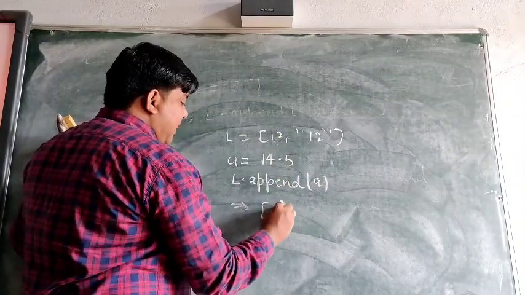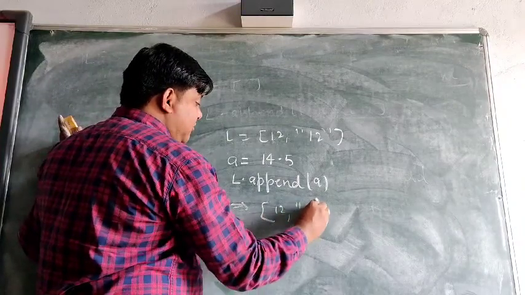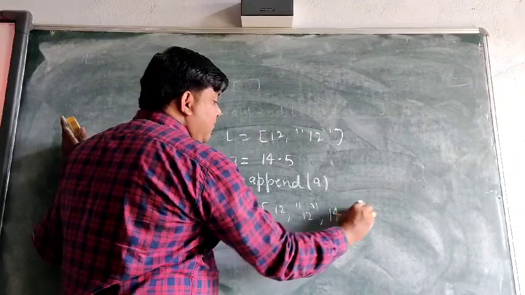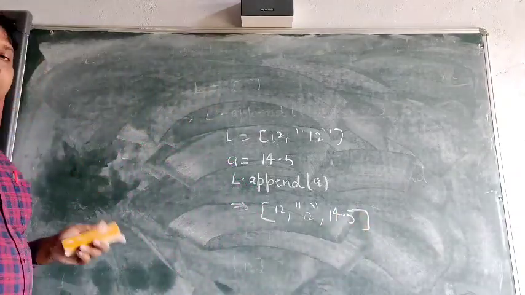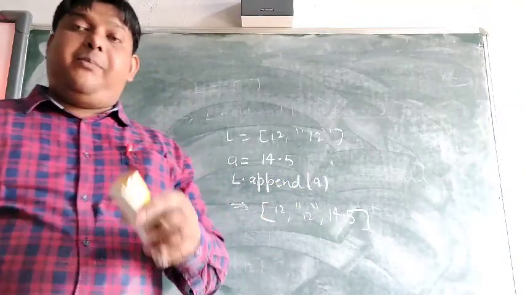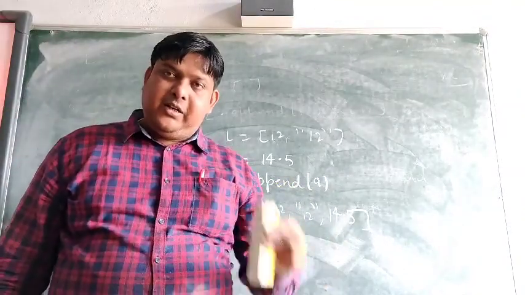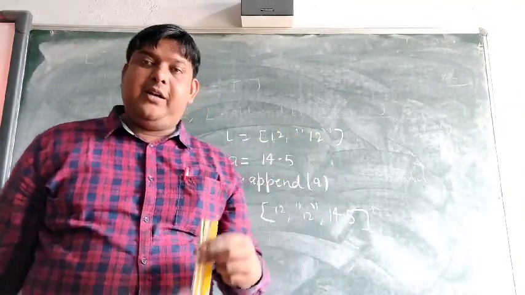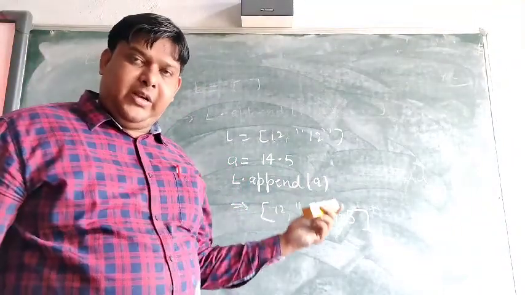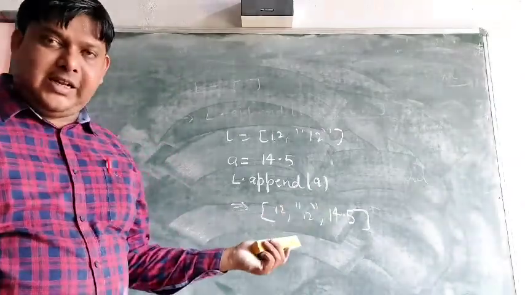Earlier the list was 12, comma one string value 12, and comma another float value 14.5. I am showing you how the append function works with different variables, and how different elements are added in their own natures. It is showing here. So I hope you understand all these things.